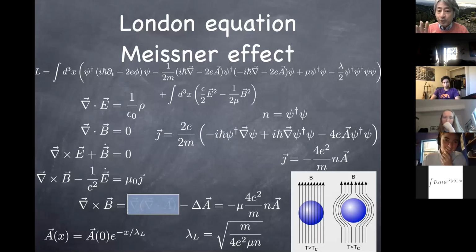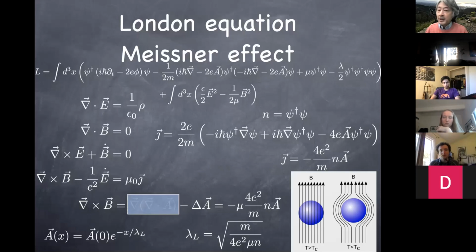So I think I misspoke. What is canonically conjugate to A is E. That's the canonical commutation relation you're supposed to set up, and we will do that later. And that's an excellent question because that shows you really understood the idea of canonical quantization.